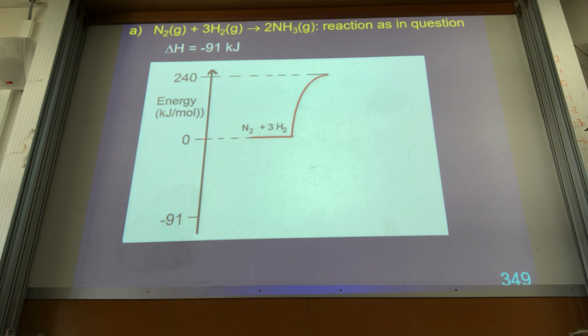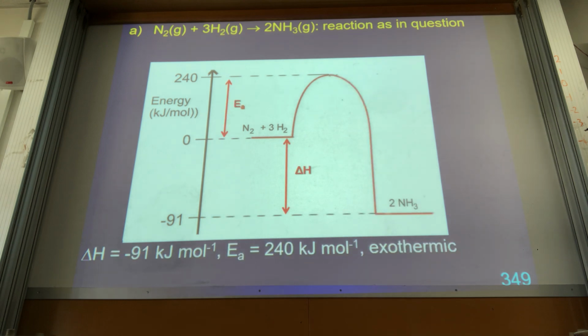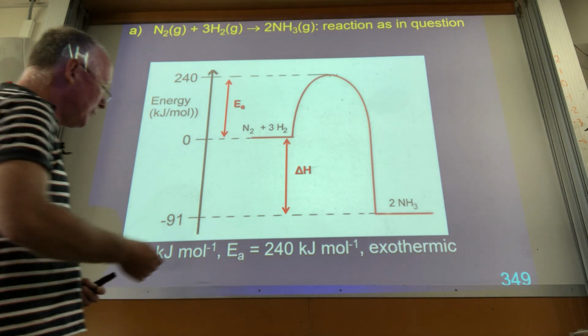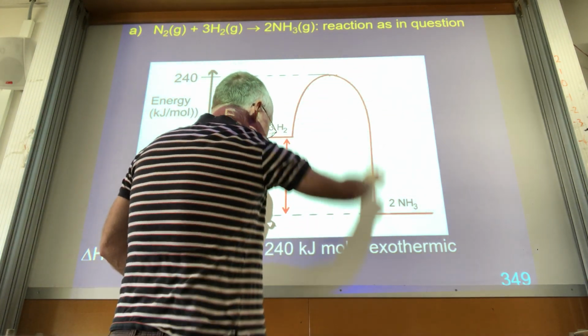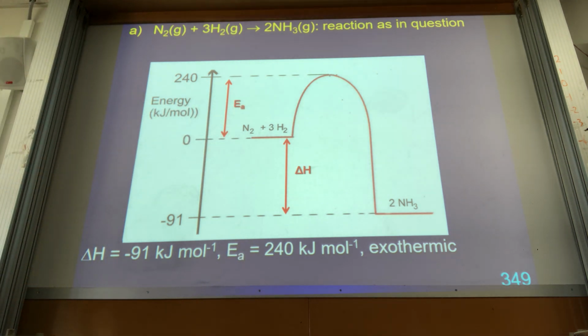So we know that we're going to have to go down from 0 to negative 91 for the products. So we're going to go all the way down this side to negative 91. As soon as you know it's an exothermic reaction, you can pretty much start off by drawing that shape in which the products are way below the level of the reactants and put in the numbers from there.